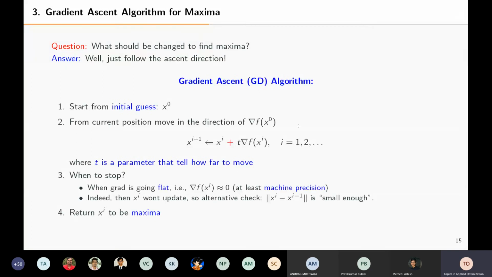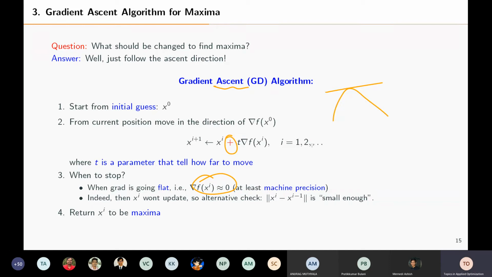I have written it here also. So this is the gradient ascent algorithm, and the only change you will see is that there is a plus here. Other things, like when to stop and how to stop, are the same issues as in gradient descent. Even at the maxima, the gradient is supposed to be flat. This is a maximum, so the gradient is going to be flat. So even for ascent, you will check whether the norm of the gradient is becoming 0 or not.